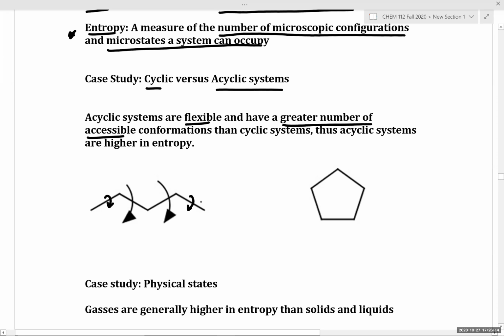If we compare that to a cyclic system, this cyclic system has a limited number of possible conformations. Thus, because the acyclic system has a greater number of accessible conformations and ways that it can arrange itself in space, it is considered a higher entropy system.